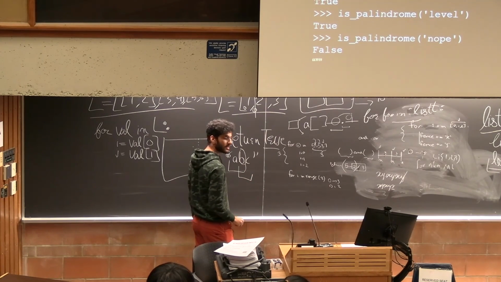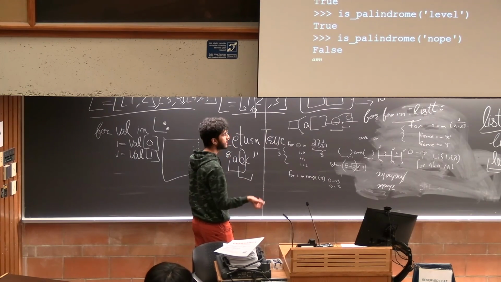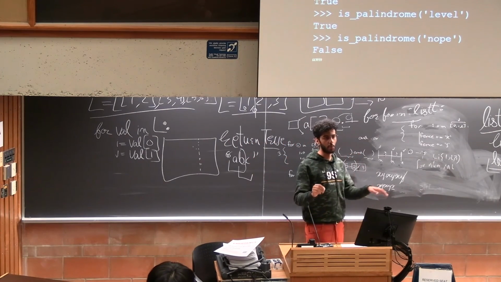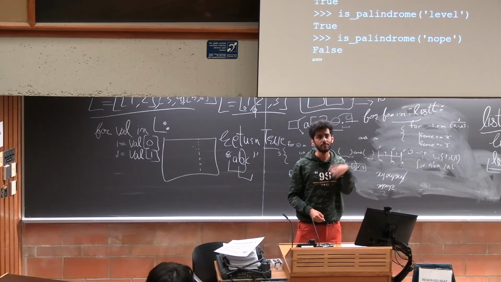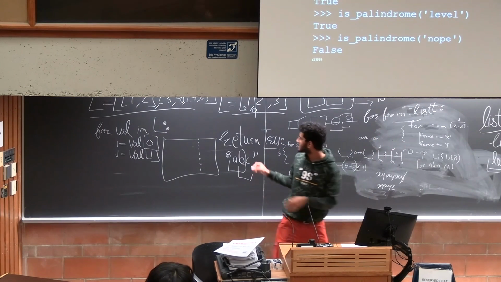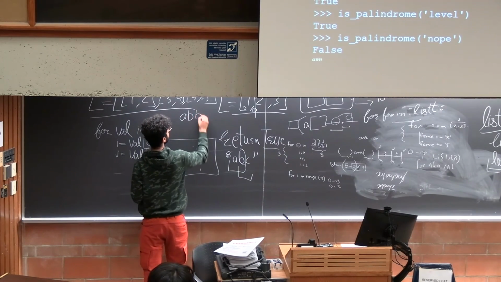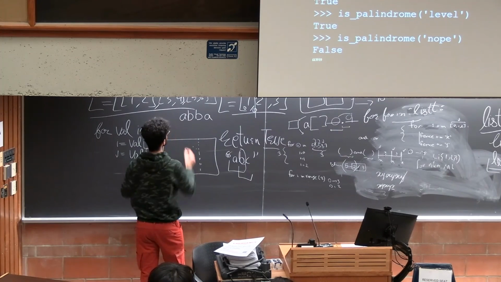Not really, you can do directly too, but don't go on to that right now. Right now your thought process should be a very simple one: what is a palindrome? If this is a palindrome, A, B, B, A, is this a valid palindrome? Yes, it is.